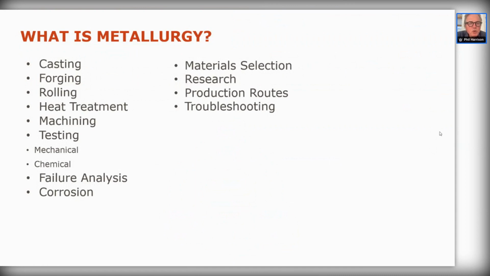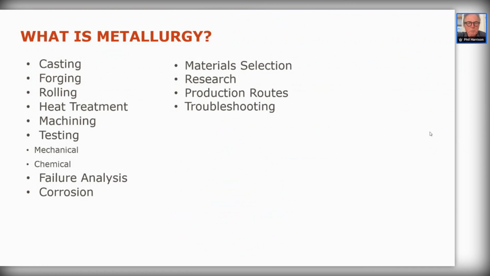We can cast a number of different things. We can actually cast through various processes where we have the finished product. For example, pump housings quite frequently are the finished product. Turbocharger housings are the finished product. But castings have limitations. They have limitations on properties.